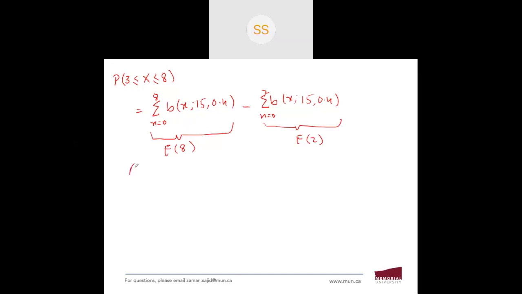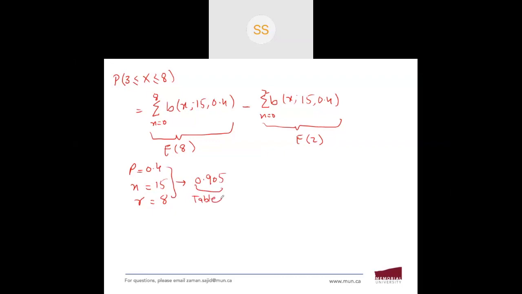I find that my p is 0.4, my n value here is 15, and my r value here is 8. So from the table I find my probability value, which is 0.905. These are from the table.